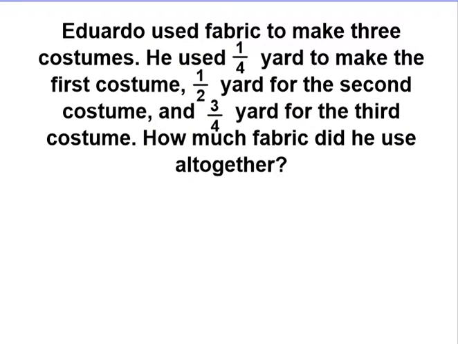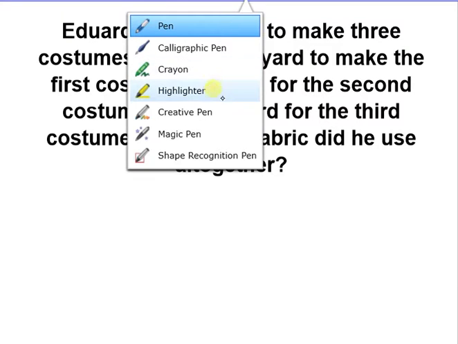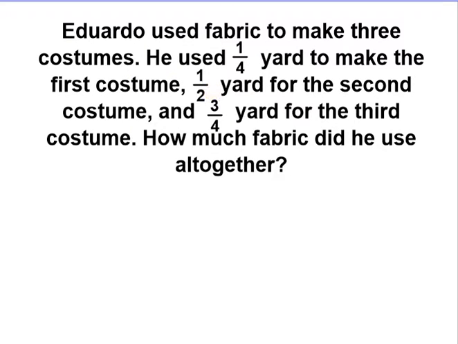All right, let's take a look at this one. Eduardo uses fabric to make 3 costumes. He uses 1/4 yard to make the first costume, 1/2 yard for the second costume, and 3/4 yard for the third costume. How much fabric did he use altogether? So step 1, I read the problem. That was pretty straightforward. Step 2, I'm going to go ahead and highlight my question. So my question is asking me how much fabric did he use.